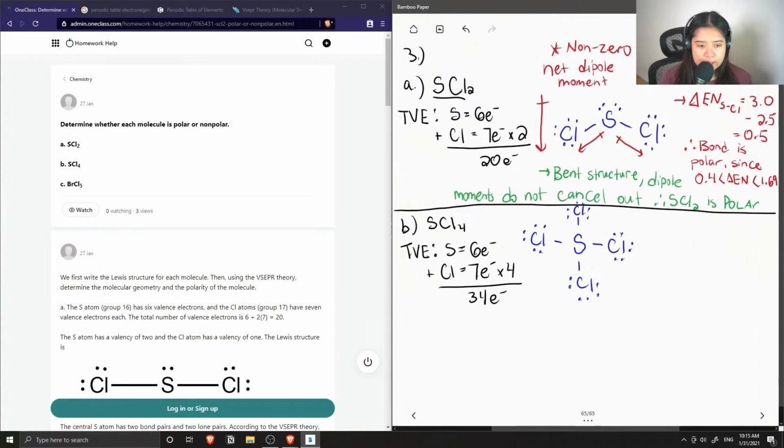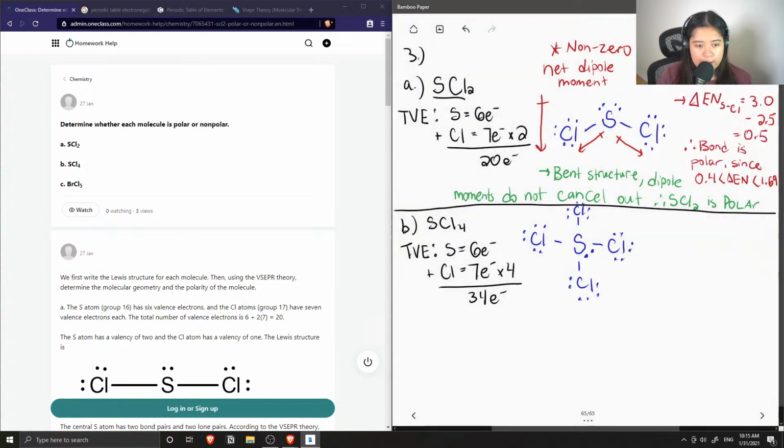Okay, so if I count out how many electrons I've drawn so far, I only have 32 out of the 34 that I need for this structure. So my sulfur is going to have an extra pair of electrons on it, like so.